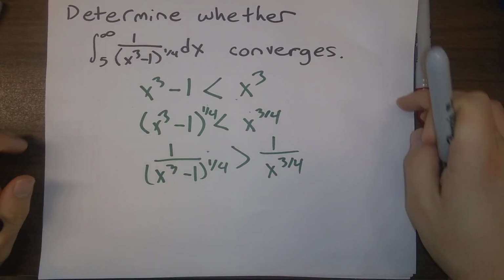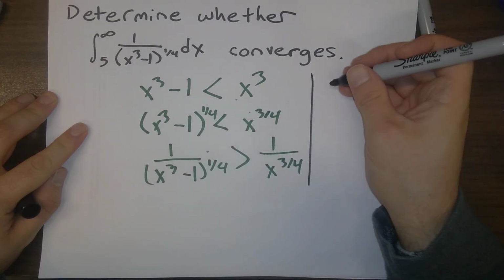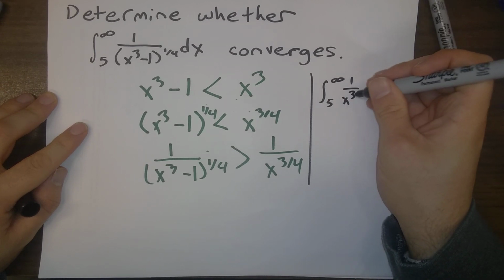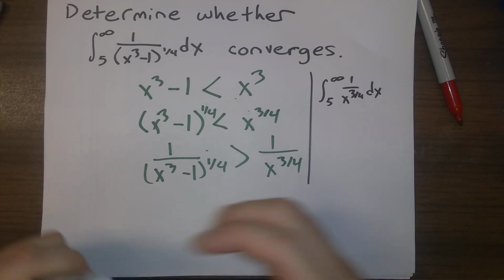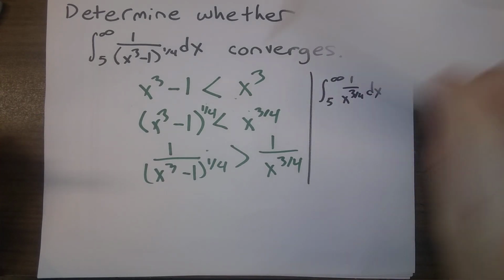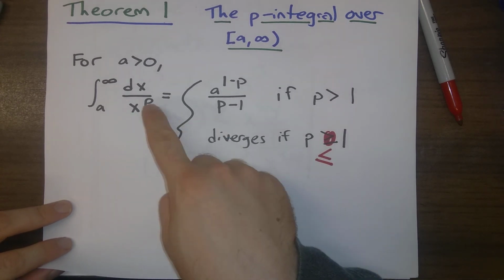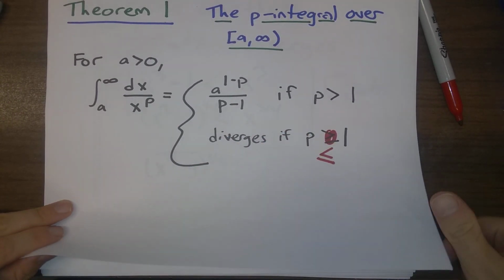So what do we end up with here? We want to think about the integral from 5 to infinity of 1 over x to the 3/4 dx. Going back to our previous theorem, we can see that p is 3/4, so we're in the diverging case.